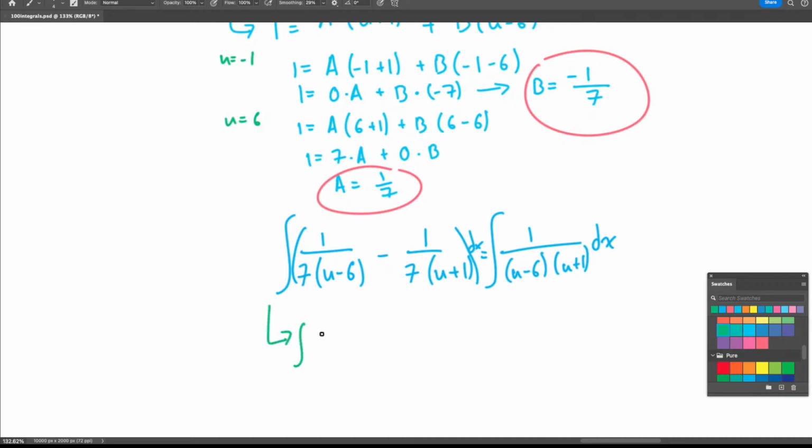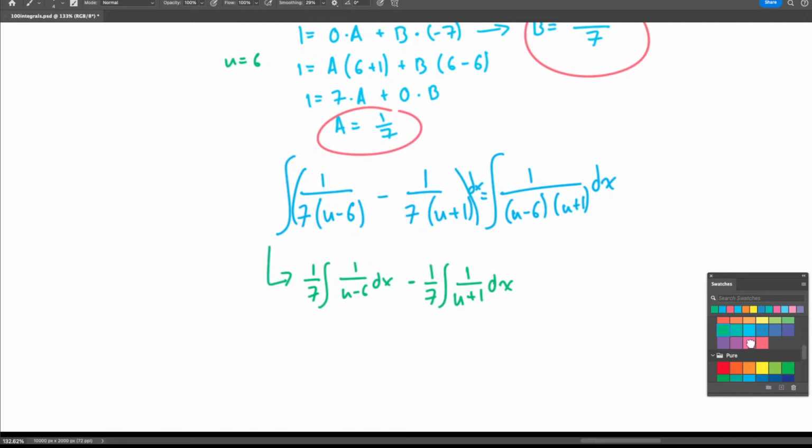The integral of 1 over 7 times 1 over (u minus 6) dx minus 1 over 7 times the integral of 1 over (u plus 1) dx. Then g equals u plus 1.